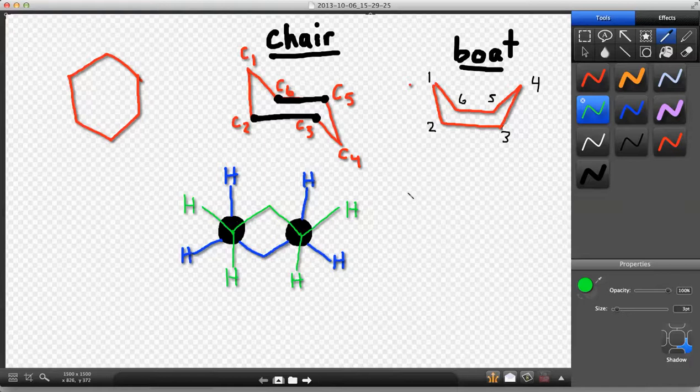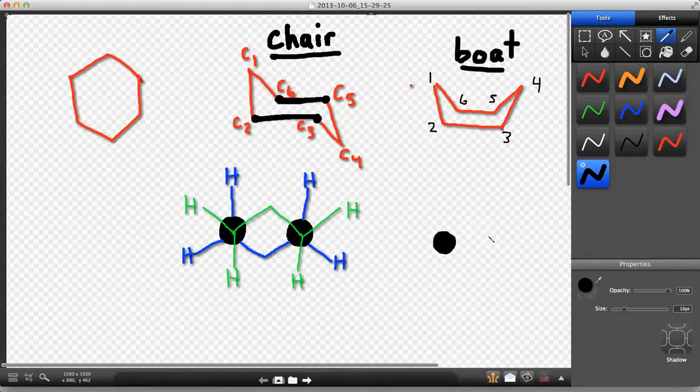So this is the Newman projection of the chair conformation of cyclohexane. Now, with the boat conformation, there will be some similarities. We're going to look down the C6-C5, and also the C2-C3.